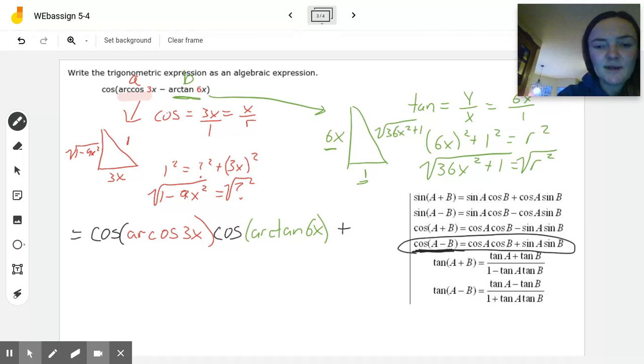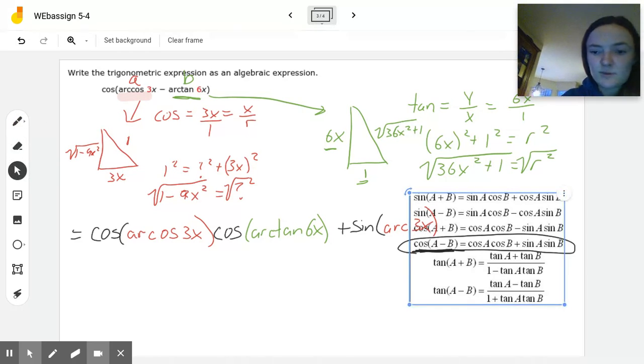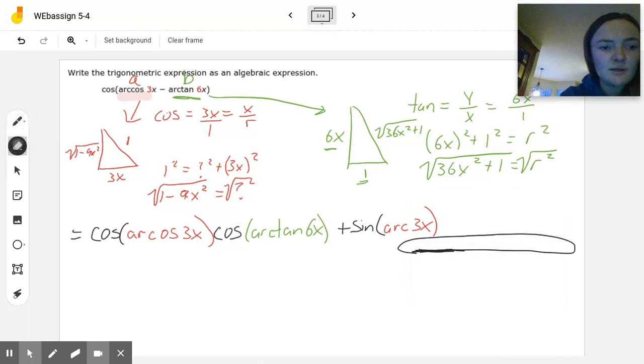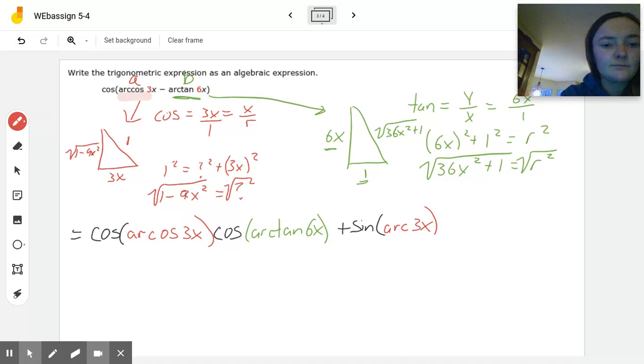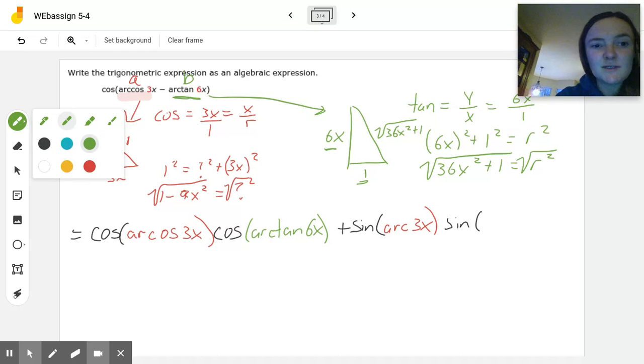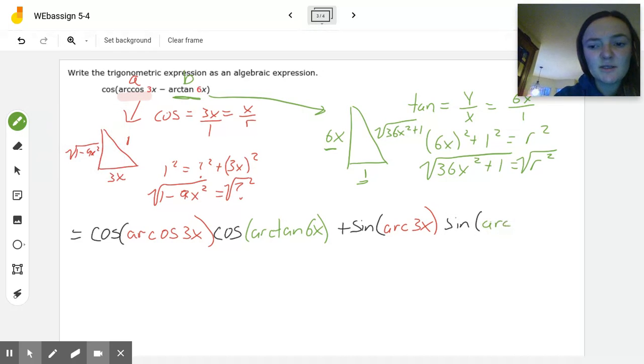Plus sine of a times sine of b. So sine of a in this case is going to be arc cosine of 3x, times the sine of b, and b once again is green. So I'm going to keep that in green. So the sine of b is the arctangent of 6x.